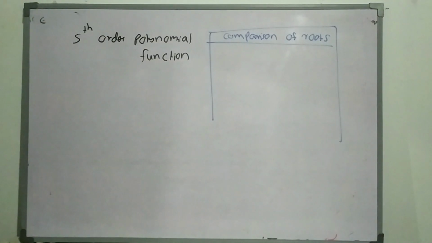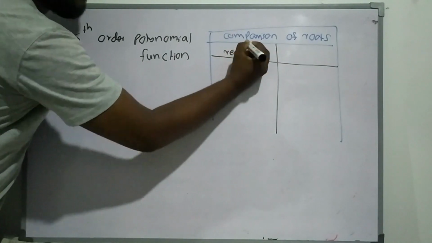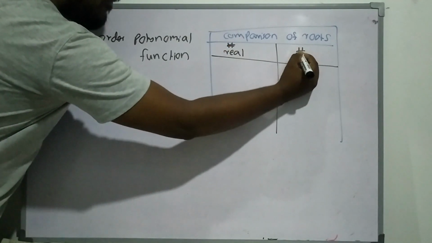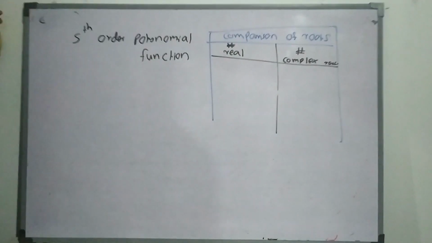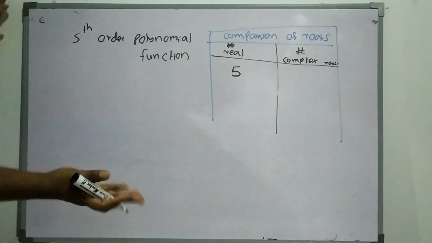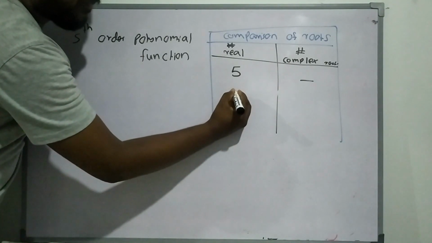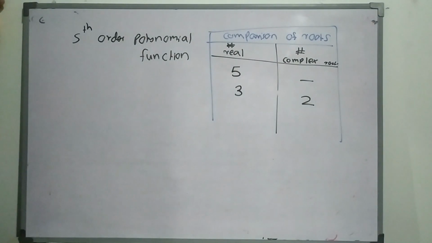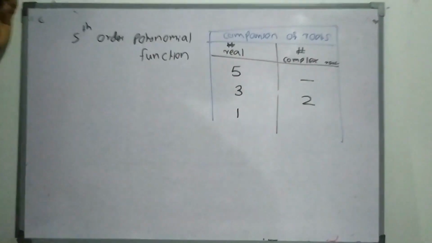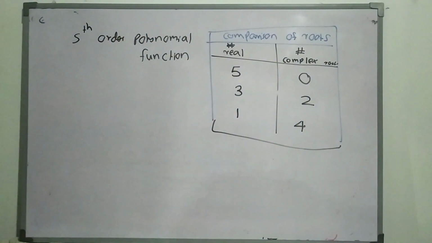If it is a fifth order polynomial function, the comparison of the number of real roots and the number of complex roots is: all 5 can be real with no complex roots, 3 real roots and 2 complex roots can be there, and also 1 real root and 4 complex roots can be there.